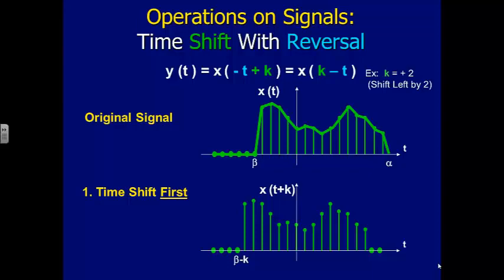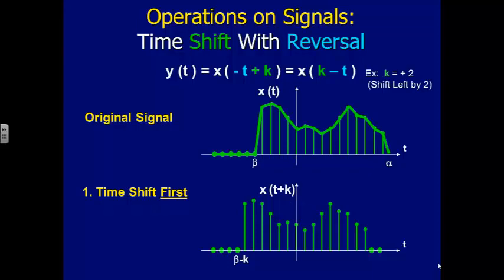So if in the example shown here, x of t begins at a time value of beta and ends at a time value of alpha, if we do a time shifted version of that, shifted to the left, the starting point would now be at beta minus the time shift, beta minus k, and the other side would be at alpha minus k.